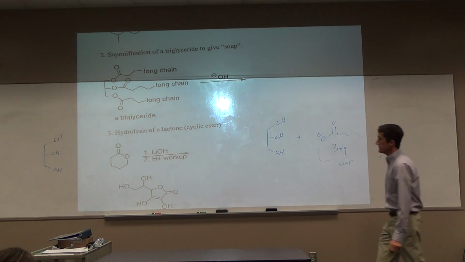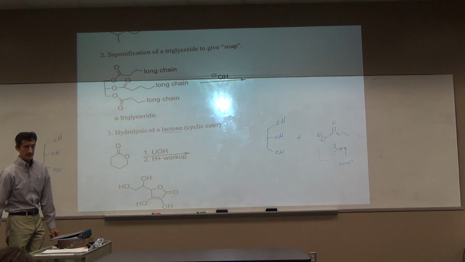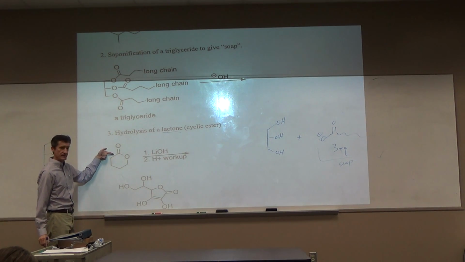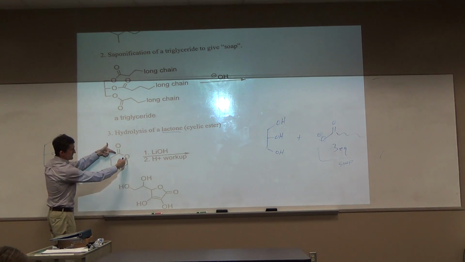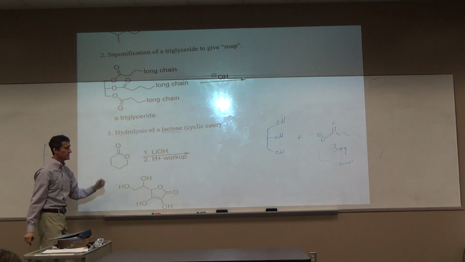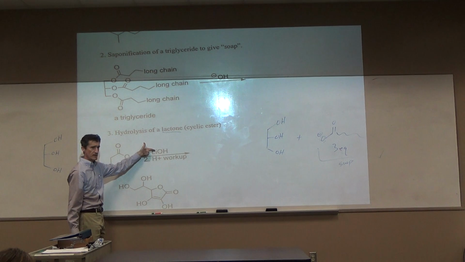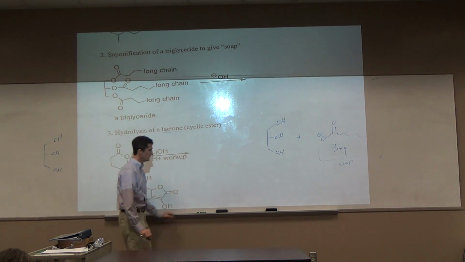Okay, hydrolysis of a lactone. What is a lactone? A cyclic ester. This is a cyclic ester. You see that? The ester, but the oxygen and the carbonyl are in a ring. Okay? A lactone can be hydrolyzed with hydroxide followed by H plus workup. What would you get here?